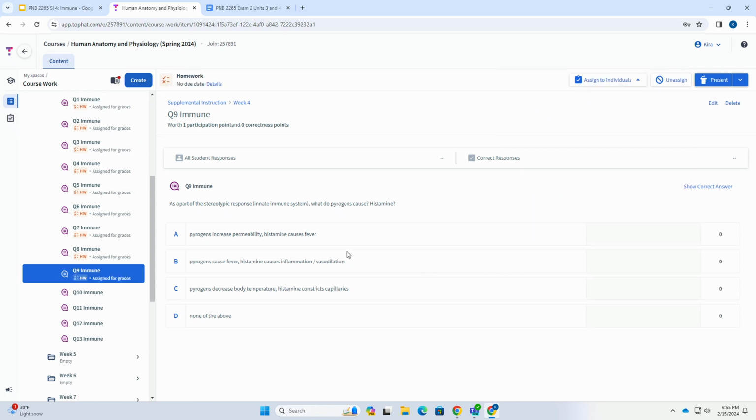As a part of the stereotypic response, what do pyrogens cause? What does histamine cause?